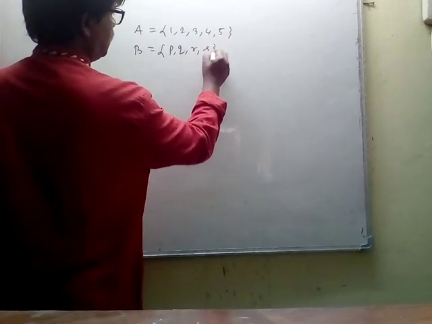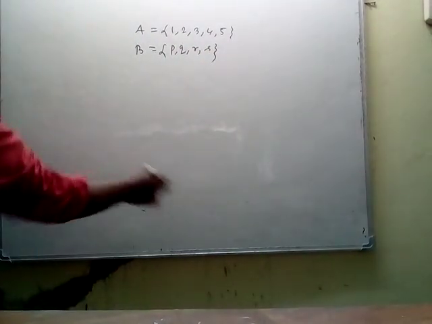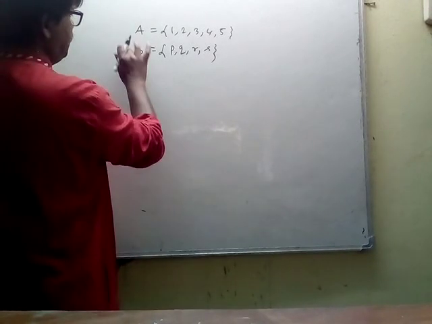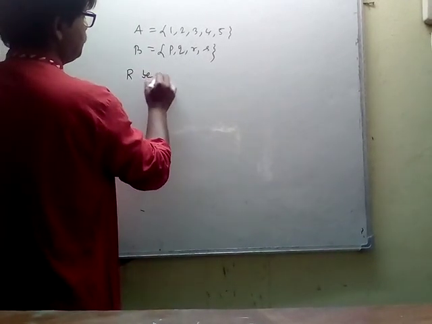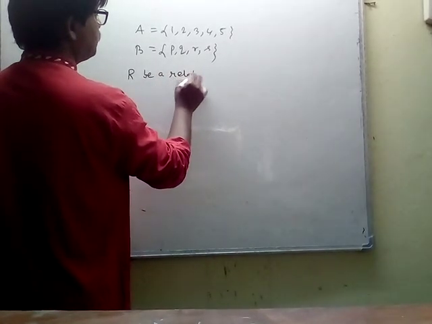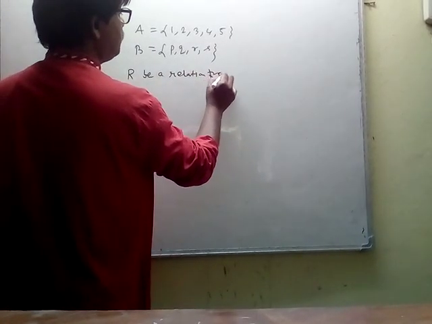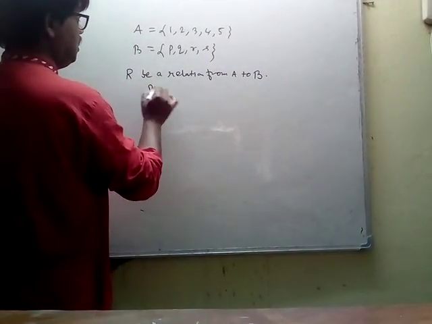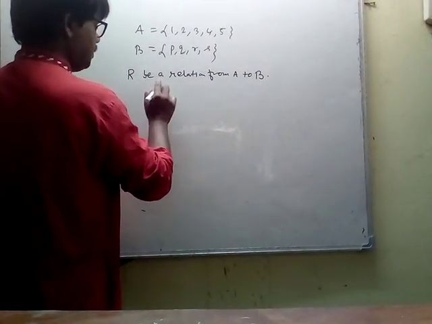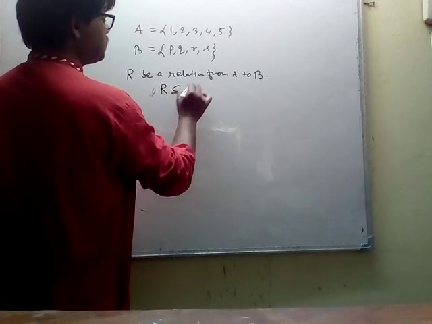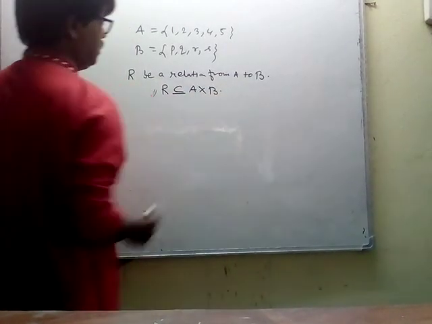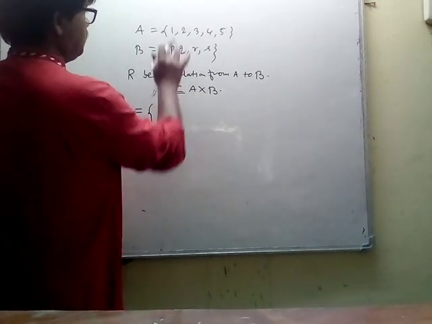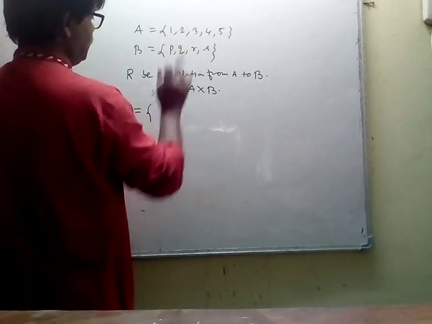Then R is a relation from A to B. Then obviously R is a subset of A cross B. So let R equal to, we take first element from A and second element from B.